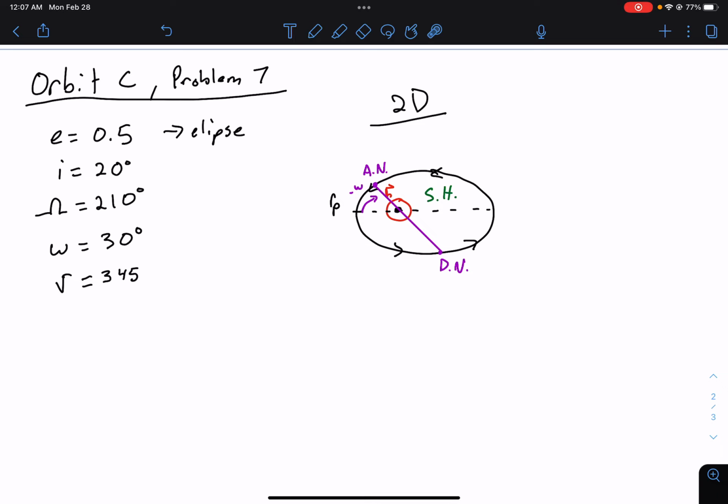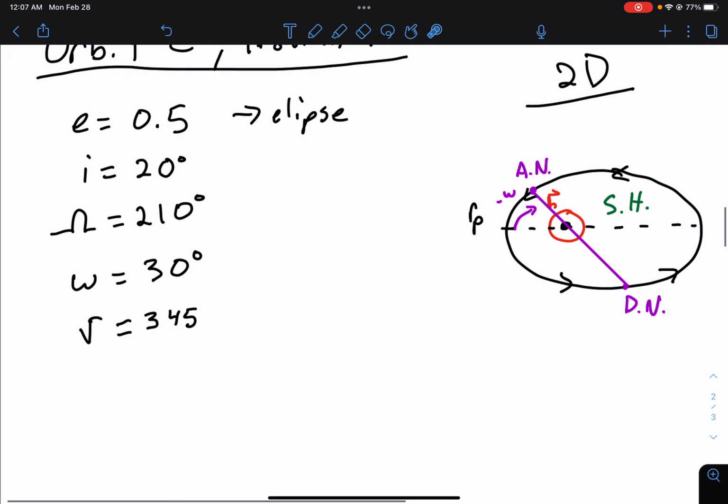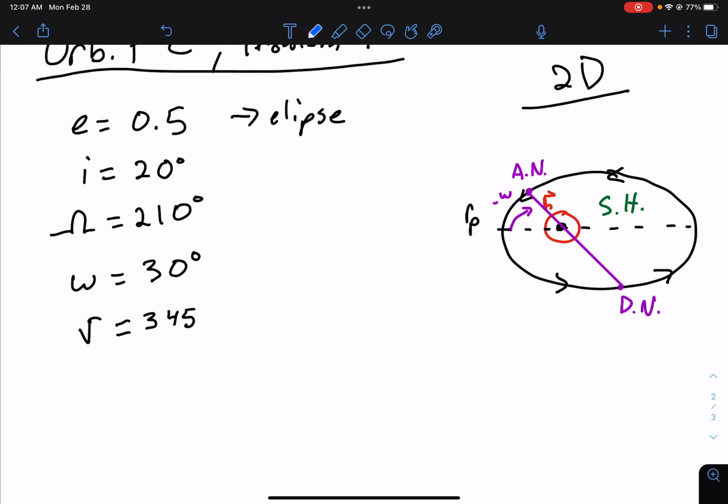All right, so what does that mean? We're going to go 345 degrees around, which is pretty much negative 15 degrees. Did I do that math right? Yes, I did. So negative 15 degrees is like here-ish, which means I can take away that and label my spacecraft.